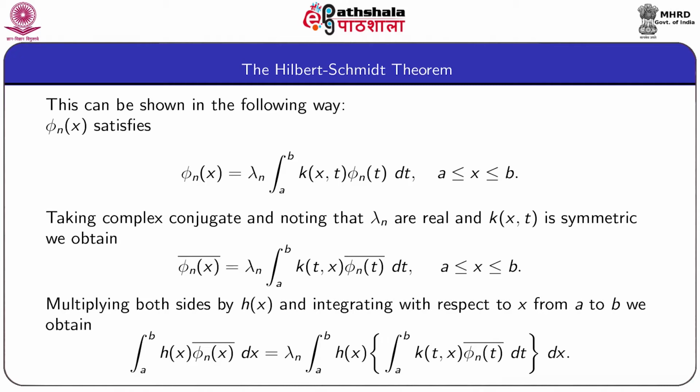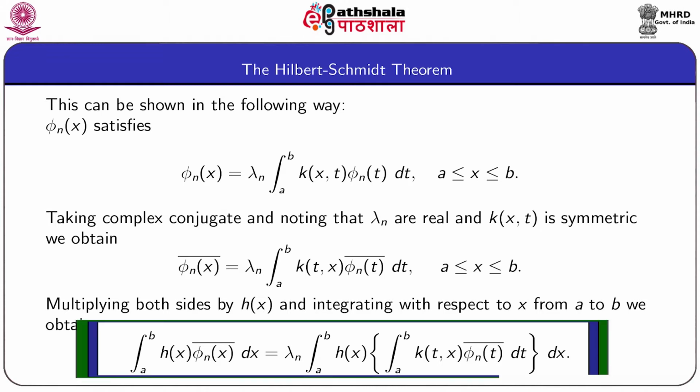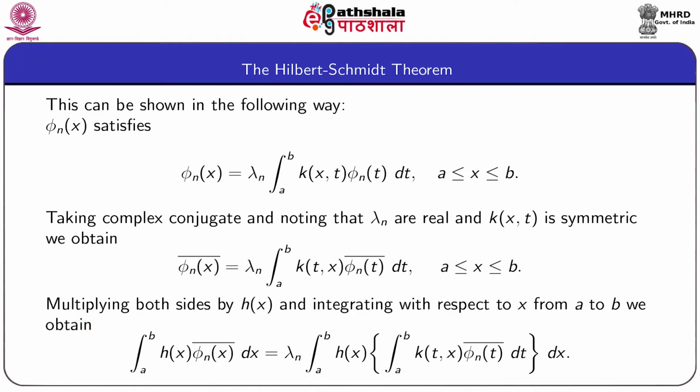Now we multiply this equation on both sides by the function h(x) and integrate with respect to x from a to b to obtain integral a to b h(x) phi n bar (x) dx equal to lambda n integral a to b h(x) dx integral a to b k(t,x) phi n bar (t) dt.